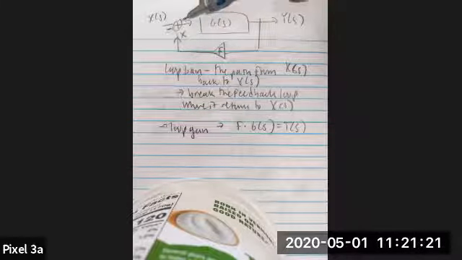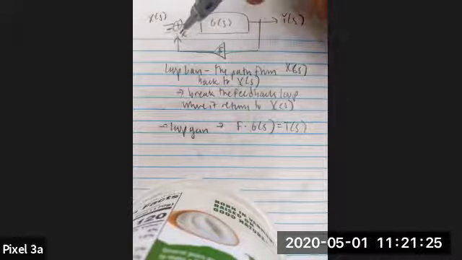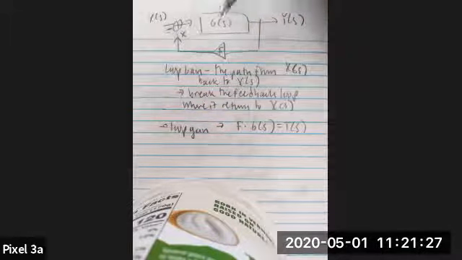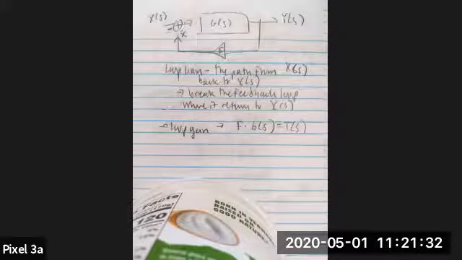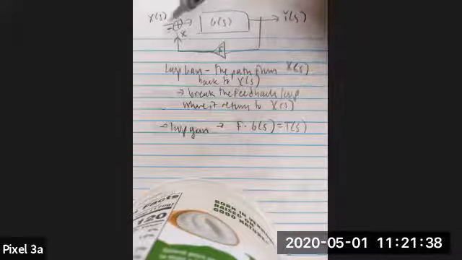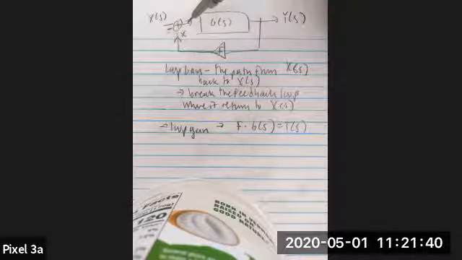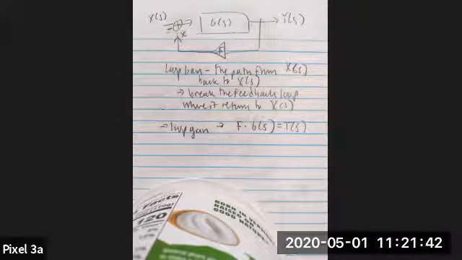So if you can imagine, even if we connect the loop back, this value here is still going to be g times f times x of s, right? Yeah. So we're breaking the loop just to make sure that you don't accidentally confuse the input value with what we're trying to find, something like that. I see. And then what is T of S? T of S, T means loop gain. That's the symbol for loop gain.